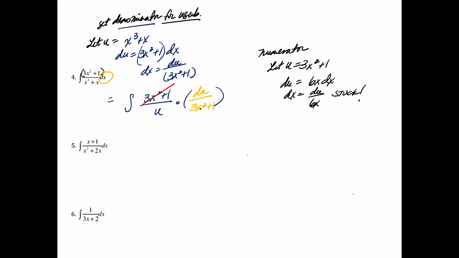And you're fortunate enough to cancel that. So you have the integral of 1 over u du, which is just going to be ln u plus c. But then your last step is replace the u, which is going to be ln of x cubed plus x plus c. And that is your answer.